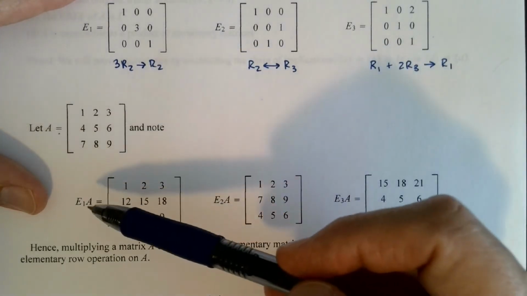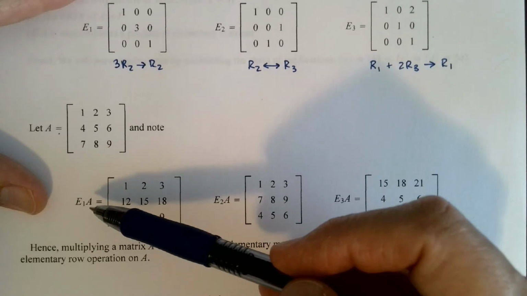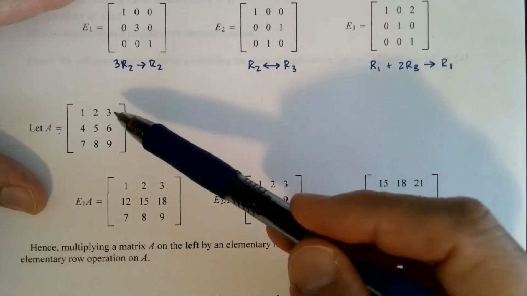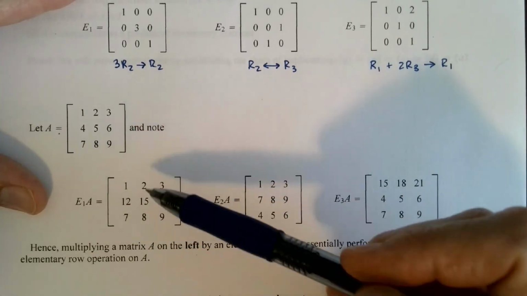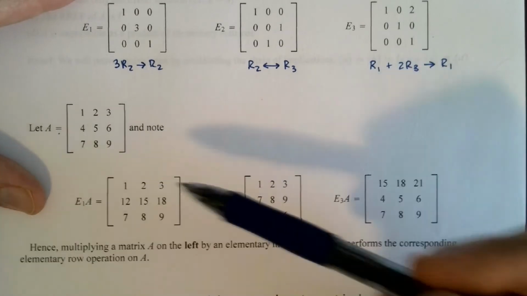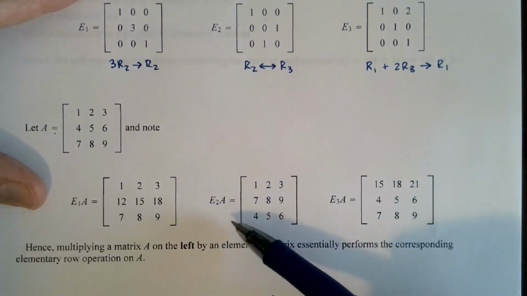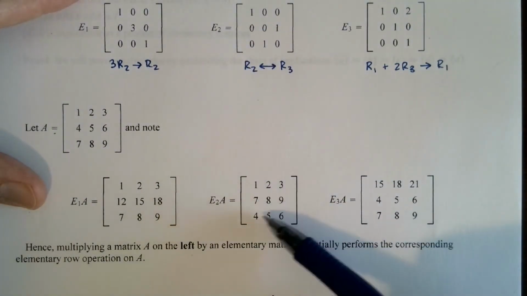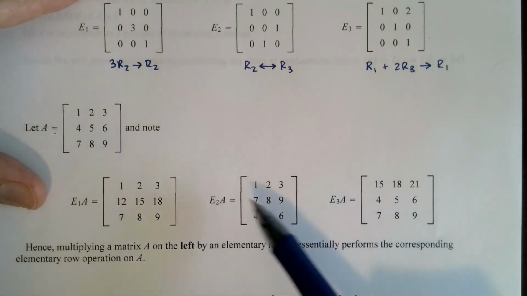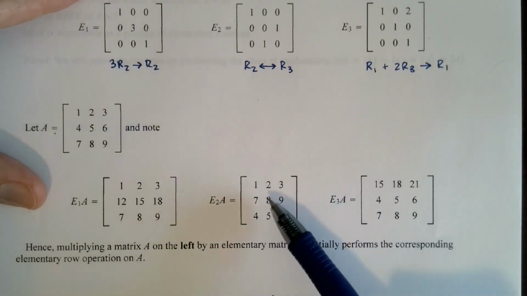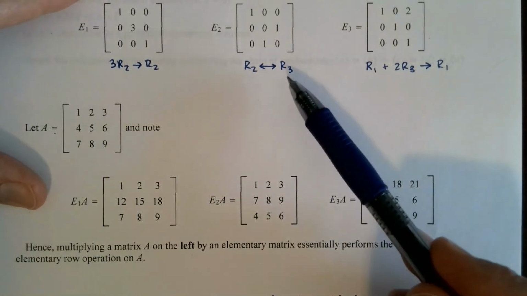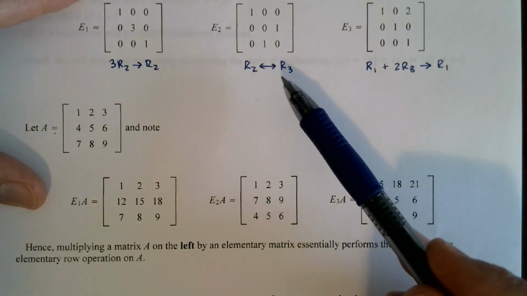When we multiply this elementary matrix by A on the left, it has the same effect on matrix A. Well, look at E2. When I multiply E2 times A, compare this to the original matrix A. What do you realize? Rows 2 and 3 were swapped. And this was how matrix E2 was obtained from the identity matrix, by swapping rows 2 and 3.